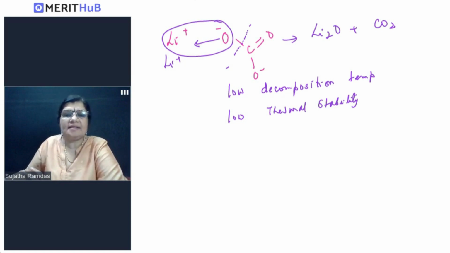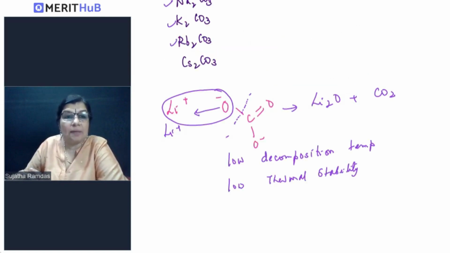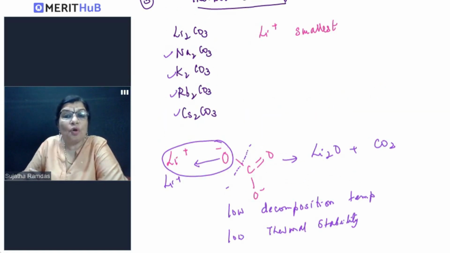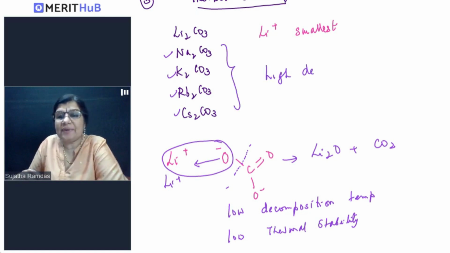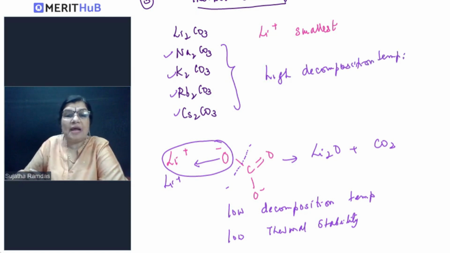On the other hand, for every other carbonate, as the size increases, the extent of polarization will decrease. From sodium carbonate to cesium carbonate, they are thermally stable and they have high decomposition temperatures, and obviously the decomposition temperature will increase from sodium carbonate to cesium carbonate.